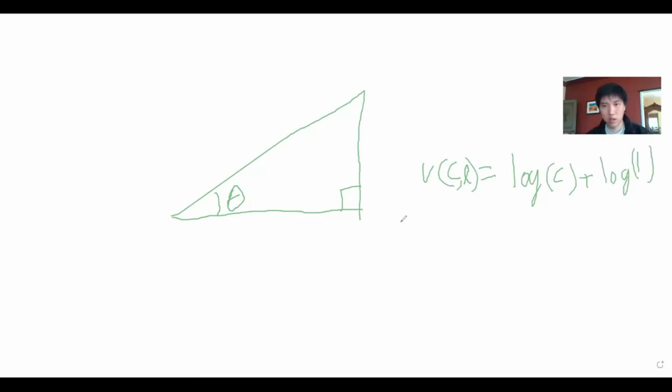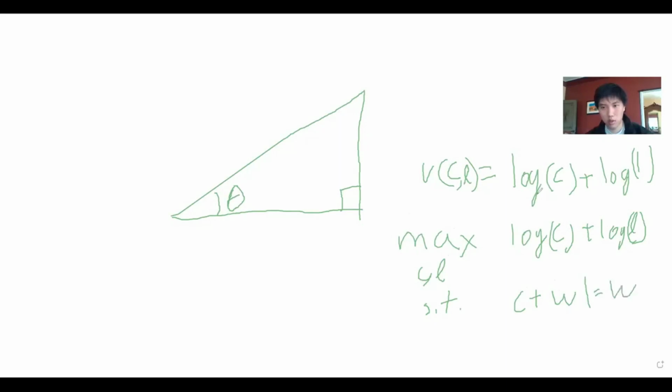And then you can set up a utility maximization problem subject to some constraint, let's say C plus W L equals W. And then if I decide that, oh, I actually want more space, so maybe I'll erase this old geometry material we're working on so we can make some space for this optimization problem.